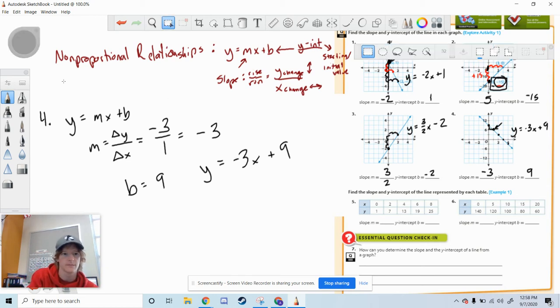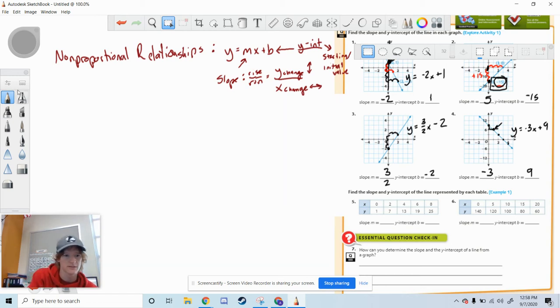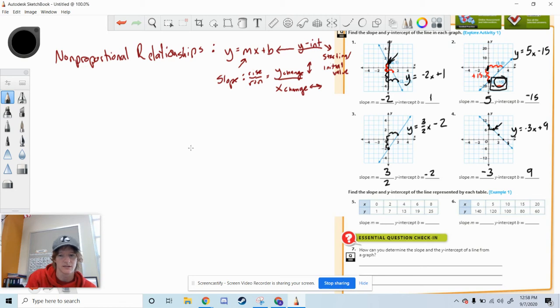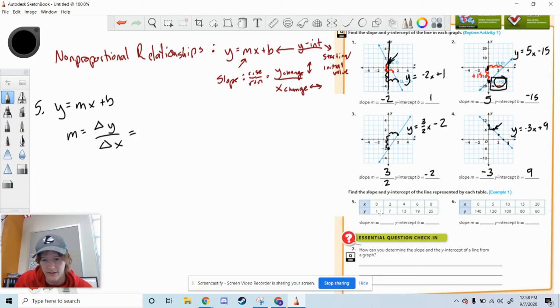All right. Moving on to the next ones. We need to continue to do the same thing, but it's going to give us a table this time. So let's see. I want to use first, number 5, y equals mx plus b. For m, I'm going to do the change in y over the change in x. Okay, so let's look at what y does every time.